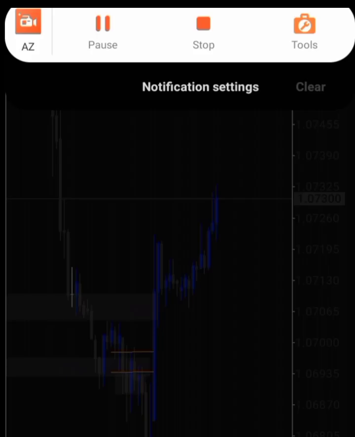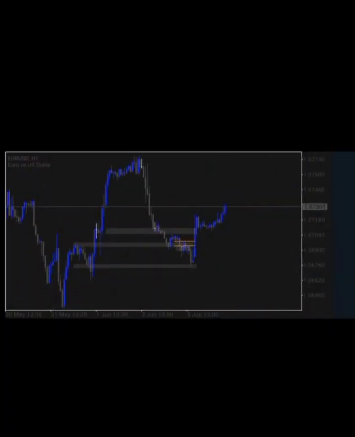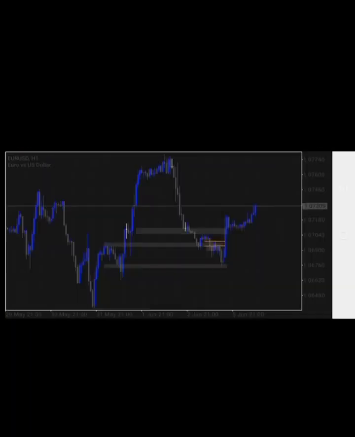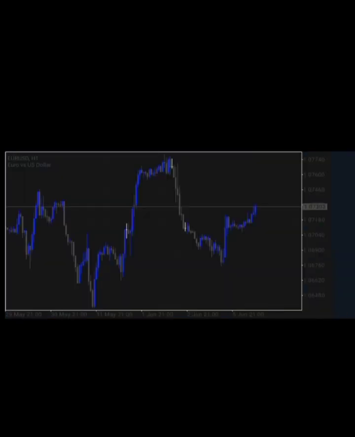What liquidity is, it's simply just money. So yeah, guys, liquidity is money.